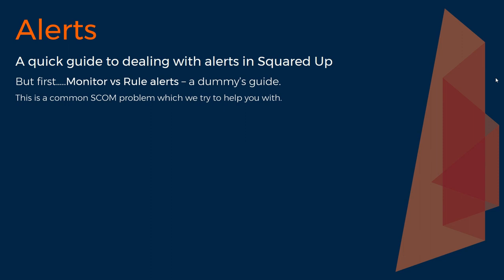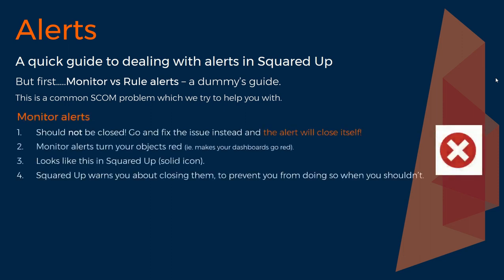And really you've got these two key but different types of alerts, monitors and rules. So what is a monitor alert? Well, the important thing for you to know about monitor alerts is that they really shouldn't be closed by you. The intention of a monitor alert is that when it's raised, it's flagging up something key that needs to be fixed. The idea is that you then go and fix the issue, and when the issue is resolved, the alert will close itself.